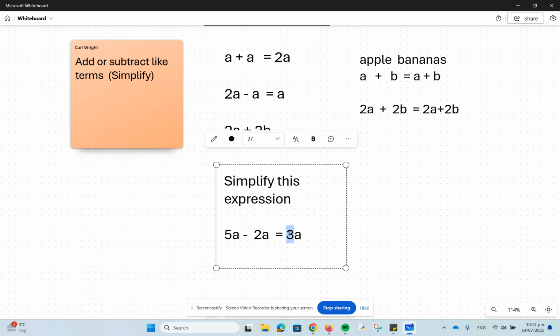But what is changing is called the coefficient, the number in front. So if I wrote it out really long, really not simplified, instead of writing 5a, I wrote 5 of them. And then I said, yep, I'm going to subtract another 2 of them.